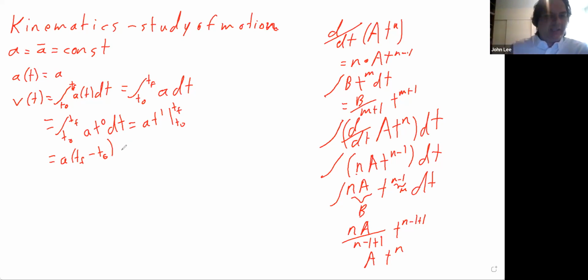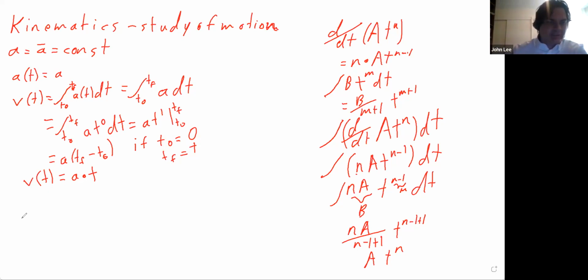Or if we define t naught to be equal to 0 and t final to be equal to t, then v of t equals a times t.